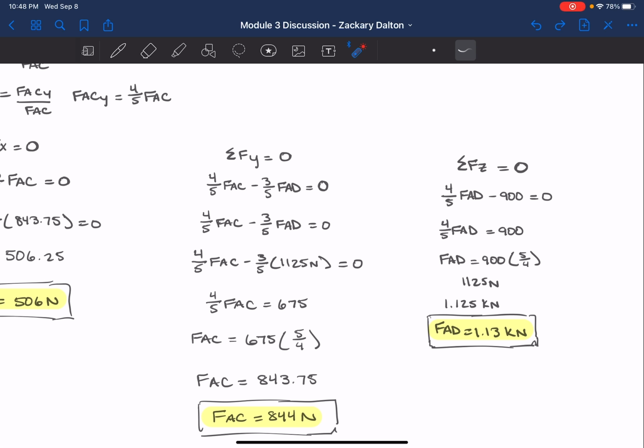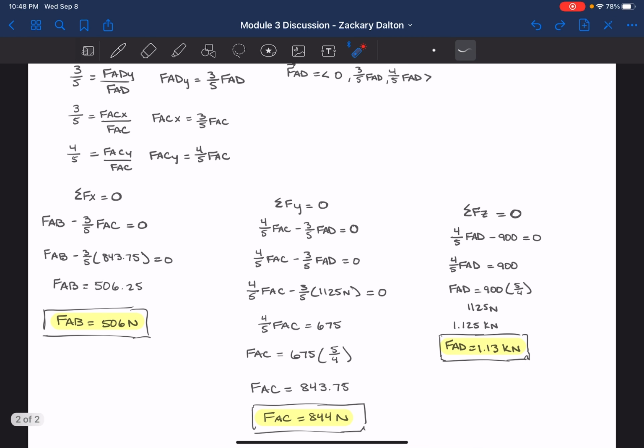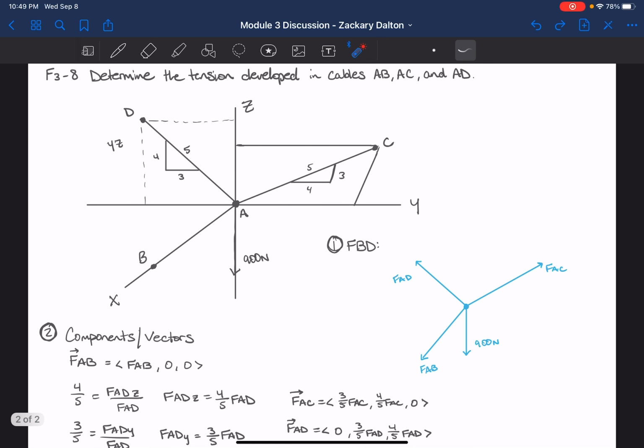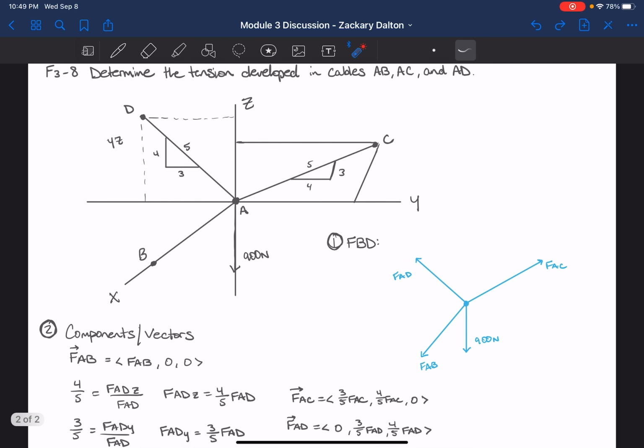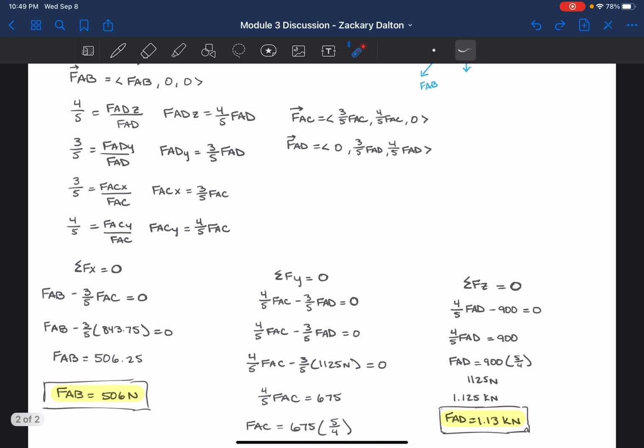And so we now know that 4/5 AC is a part of this formula since it is going in the positive y direction, but your negative 3/5 AD up here is going to be negative. And so you can plug in your FAD value here, not 1.13, but you will plug in what it is up here above because of rounding error purposes.